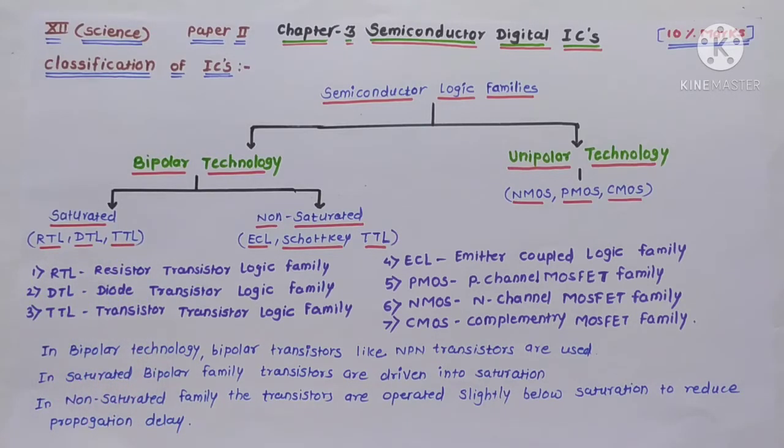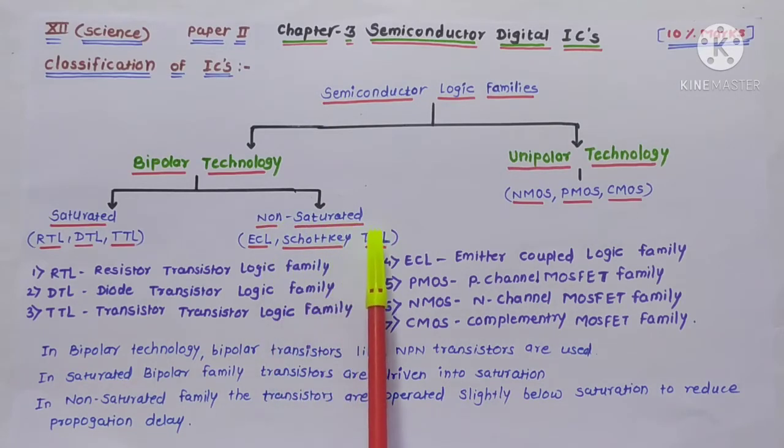Students, here RTL stands for resistor transistor logic family, DTL stands for diode transistor logic family and TTL stands for transistor transistor logic family. All these are the three subtypes of saturated bipolar technology in semiconductor logic families.